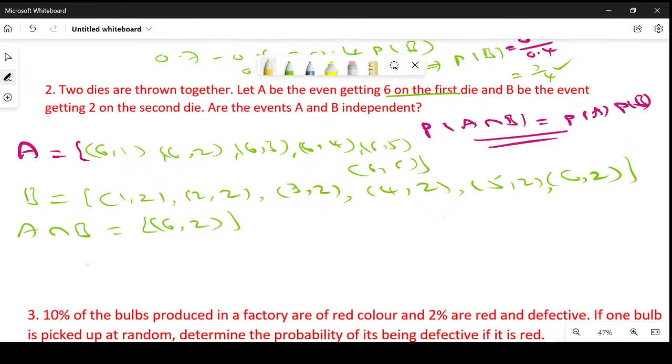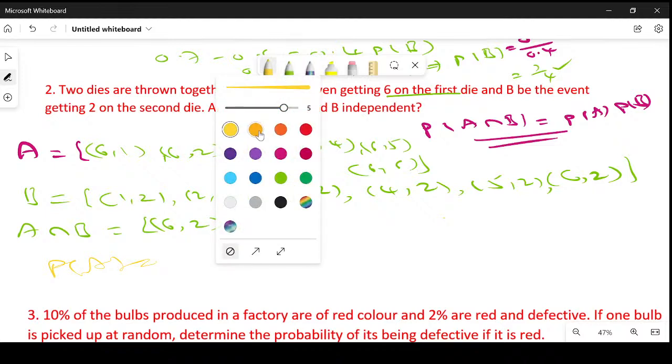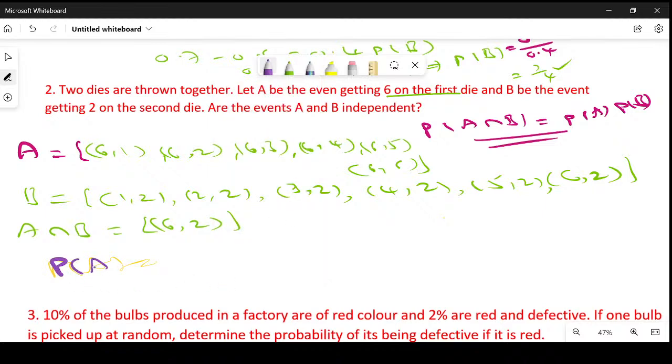So what is the probability of P of A? A means total 6 we have. So what are the sample points?